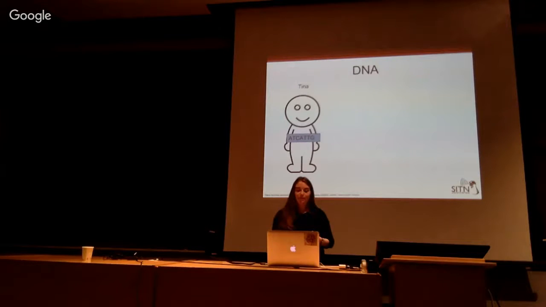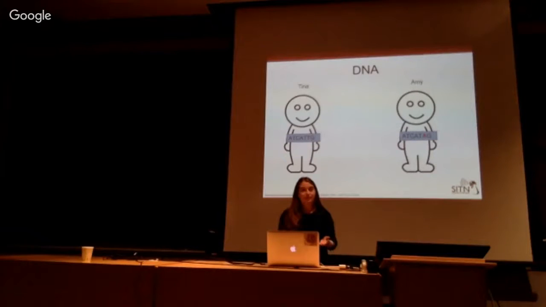Okay, so if we take a person named Tina, and we look at a particular part of her DNA, let's say in that part of her DNA, she has ATCA-TTG. Now we have another person named Amy, and we're going to look in the exact same spot in her DNA.